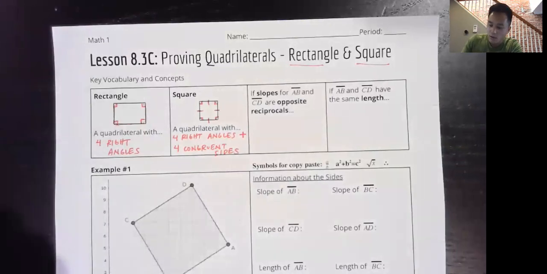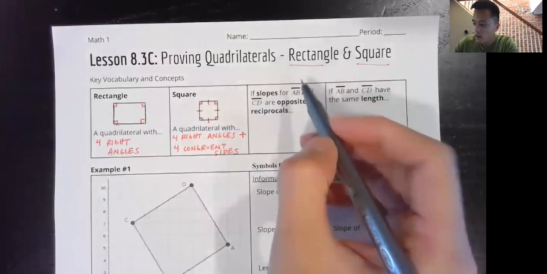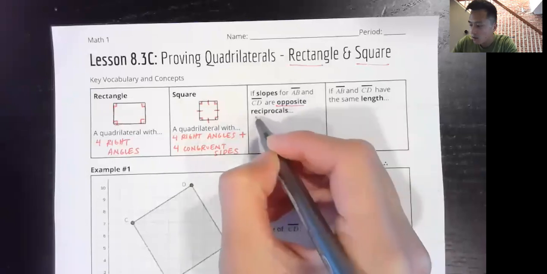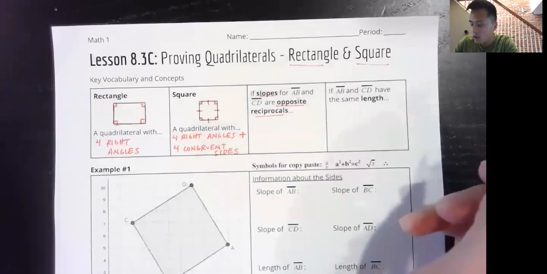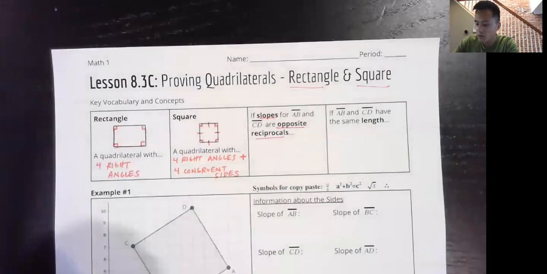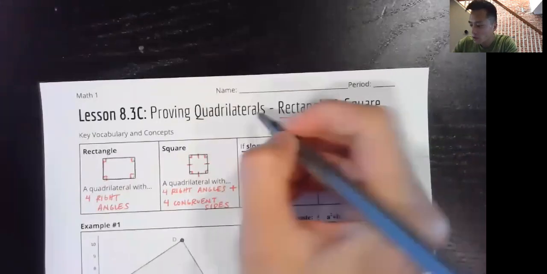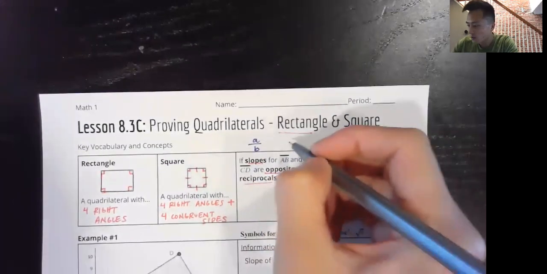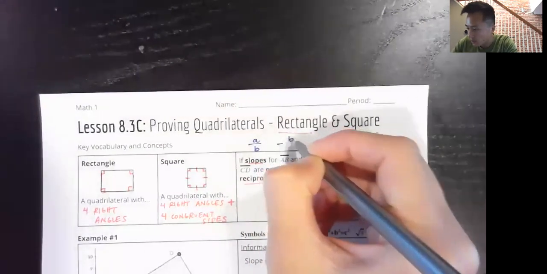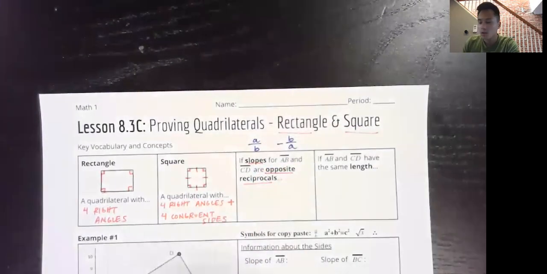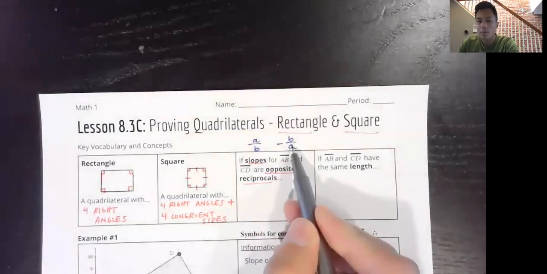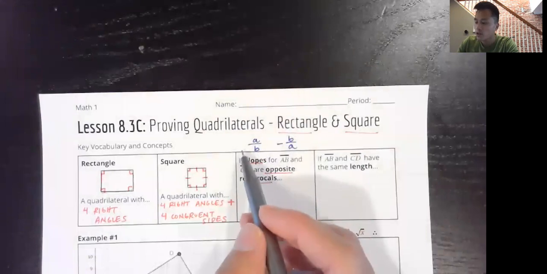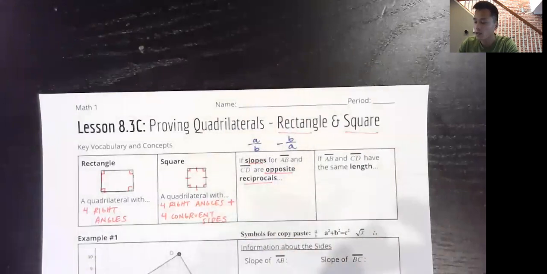A couple of other things to remember from previous lessons. If two lines have slopes that are opposite reciprocals, remember, opposite reciprocals are if one slope is A over B and the other slope is negative B over A. It's like you're flipping the numerator and the denominator and changing positive to negative or negative to positive.